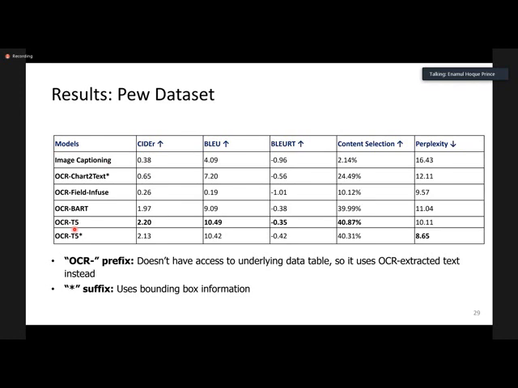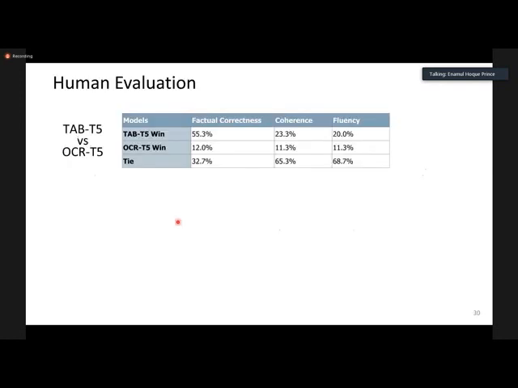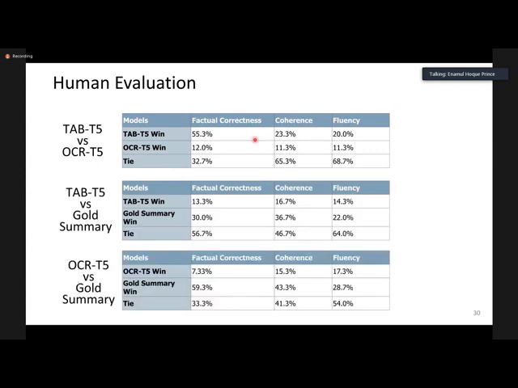Human evaluation also confirmed this. For example, when we compare between models, we found that on factual correctness, performance dramatically improves when you have access to the data table compared to the OCR, simply because when you use the OCR, you have lots of errors in the extraction of the text, whereas with the tab models you have access to the underlying data table, so they were much more factually correct.